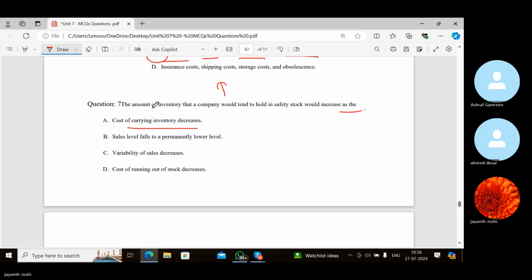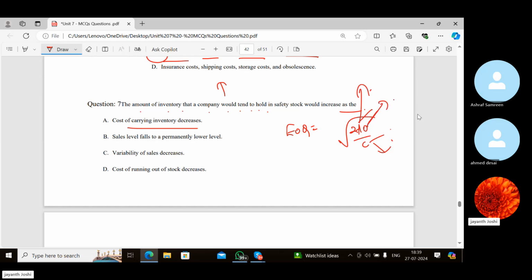See, the amount of inventory that a company would tend to hold in safety stock would increase as the... So a firm's economic order quantity, EOQ, is the square root of 2AO by C. A is annual demand, O is ordering cost, C is carrying cost, or holding cost. So economic order quantity is a function of demand, that is A, annual demand, C, carrying cost, and ordering cost.